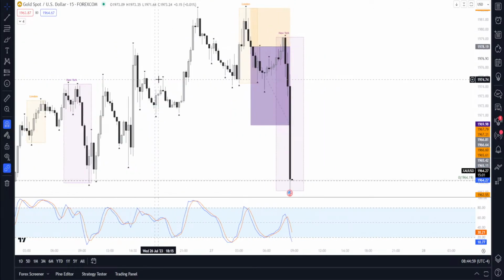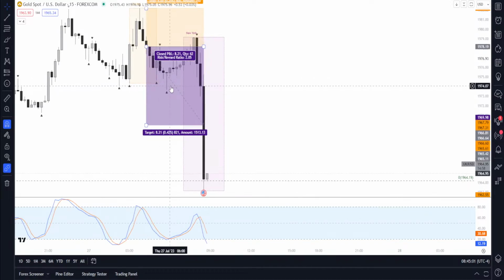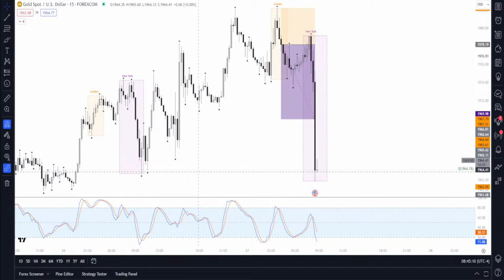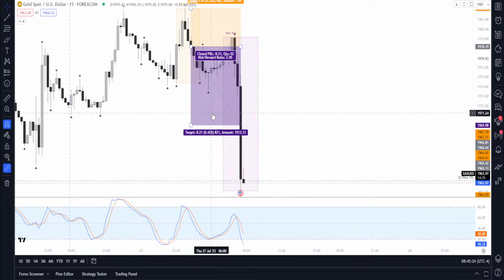Overall I would say it has probably a 65-70% win rate. In June it was 11 over 14, so you don't get a trade every day. It was 78% in June, but it's like a 70% win rate.